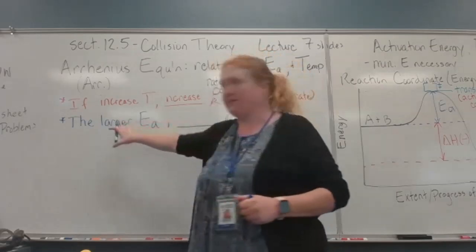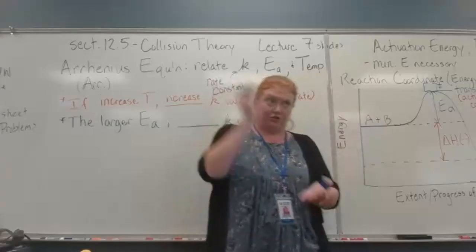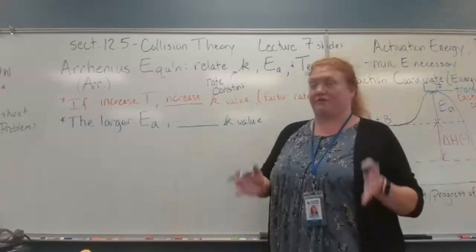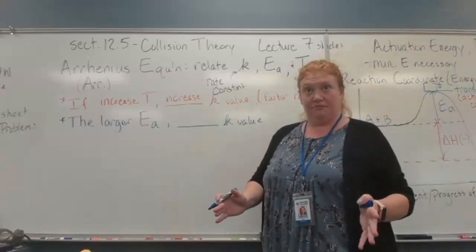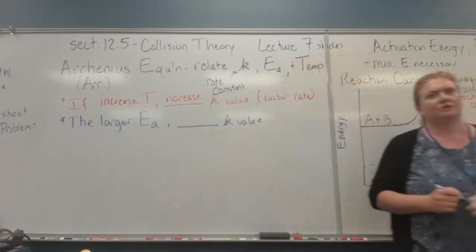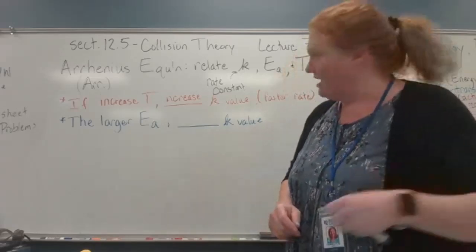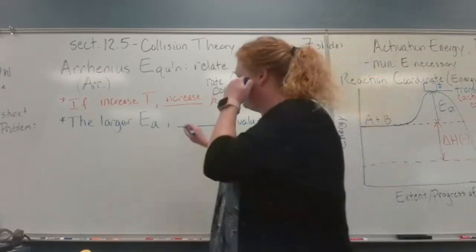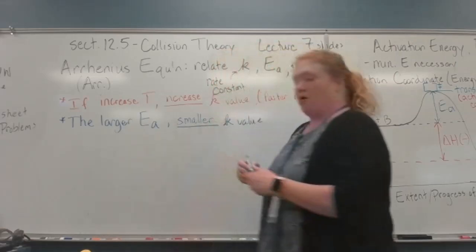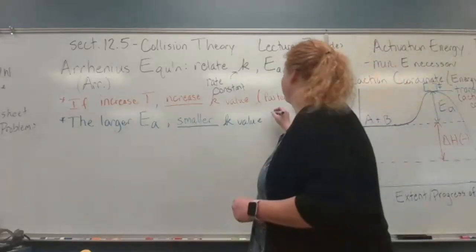The reason I'm writing it this way is because I can't actually increase the activation energy. The activation energy is what it is. I'm just saying if it's a large value or a very large value, what should I see about my K values? Smaller K values. The larger the activation energy is, the smaller that K value is going to be, which means what about the rate? Slower rate, absolutely.